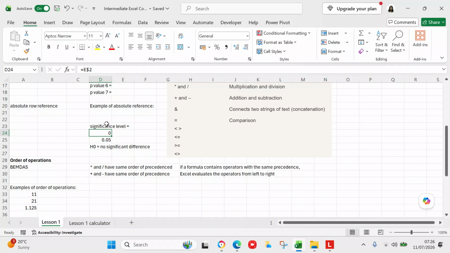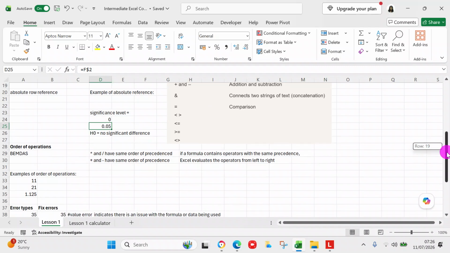Here we've got $2, and then we pasted it to $2, and then we pasted it to $2. That shows you that you can have your 3 references: an absolute reference for your cell, for your column, and for your row.